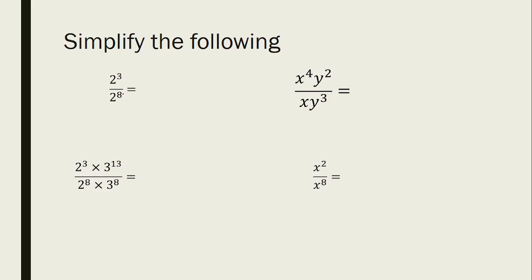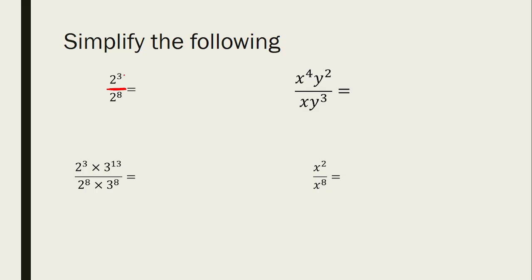So you would always be taught to bring stuff up, and I'm going to minus 8. And then I'm going to be left with a 2 to the power of negative 5. Now, I don't want that at all. So what I'm going to say to you is, regardless of how we move things up or down across this fraction line, it still has to be subtracted.